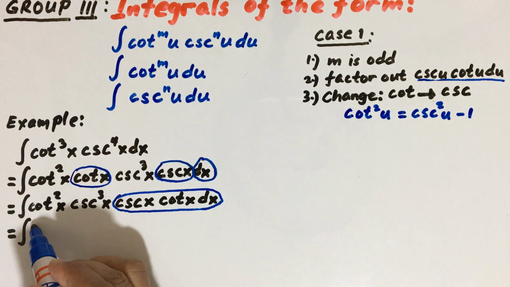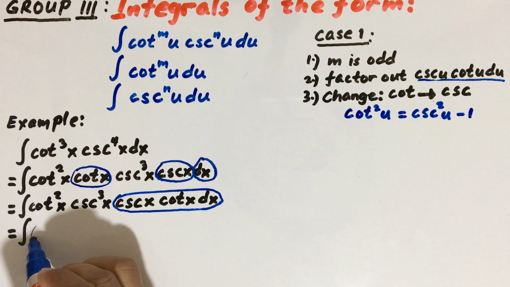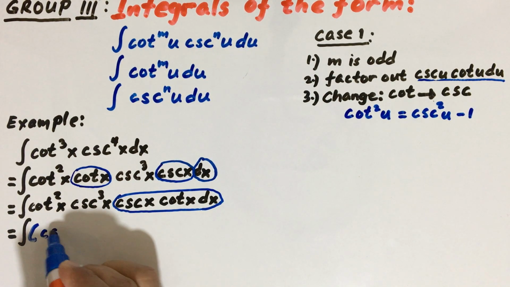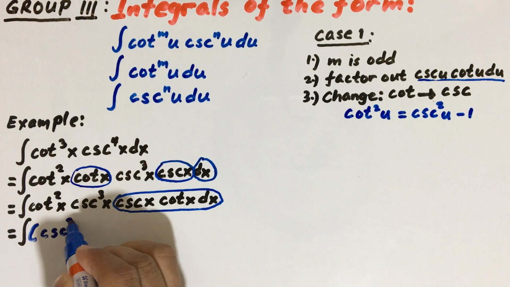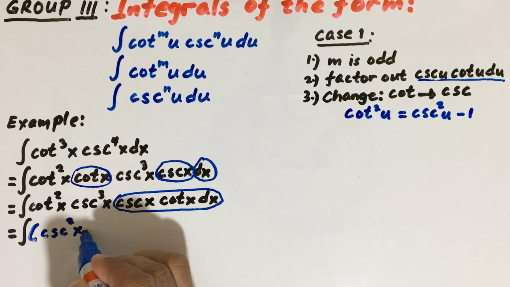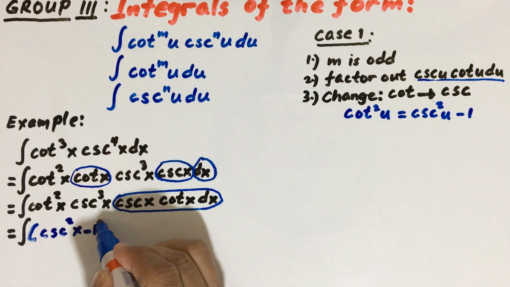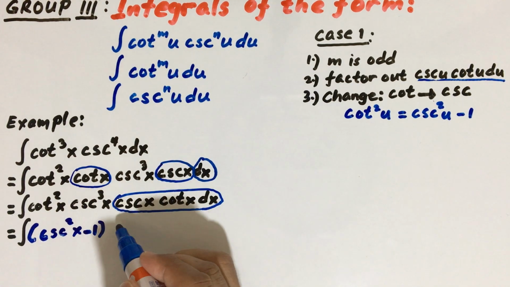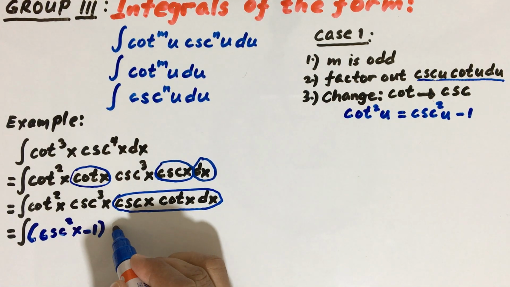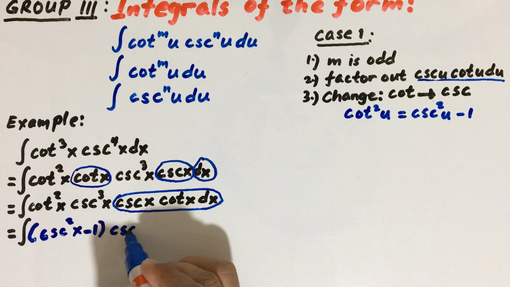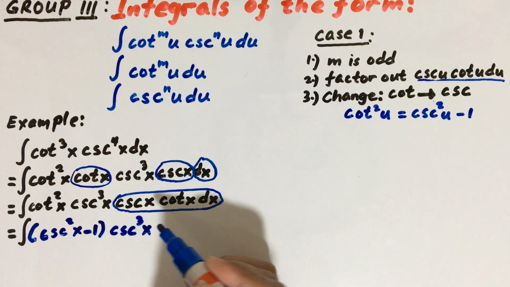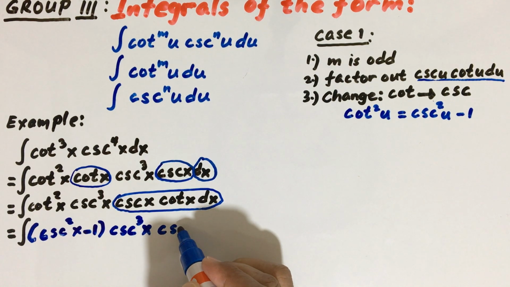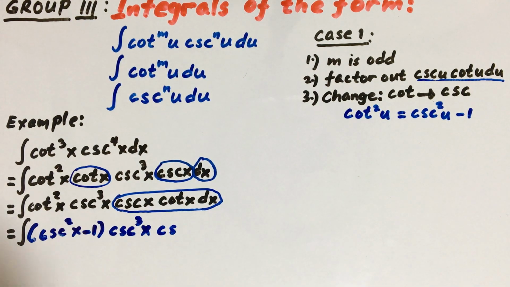So we can write this as cosecant squared x minus 1, then multiplied by this cosecant cubed x, and of course this factor, cosecant x cotangent x dx. Okay, I'll just use another color.